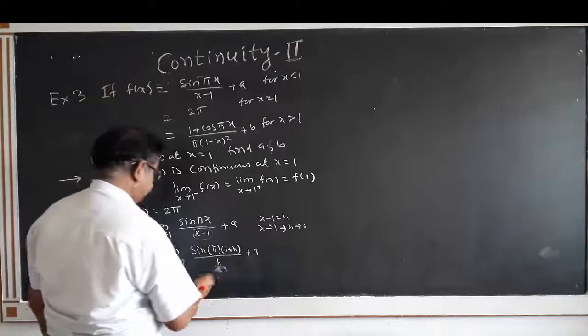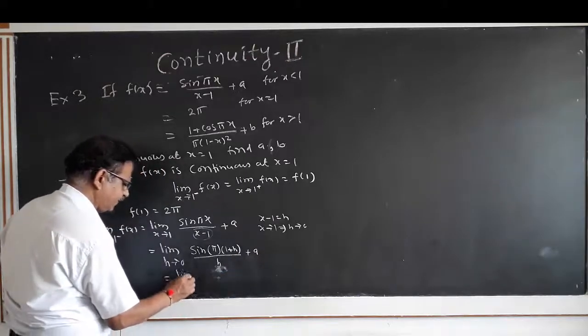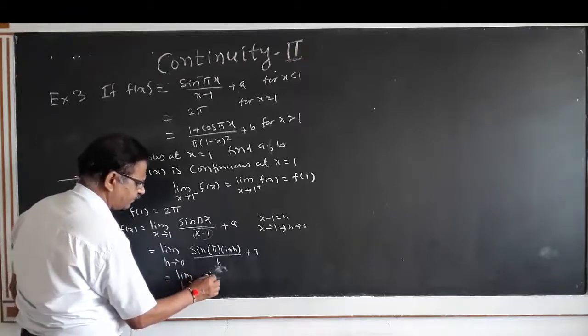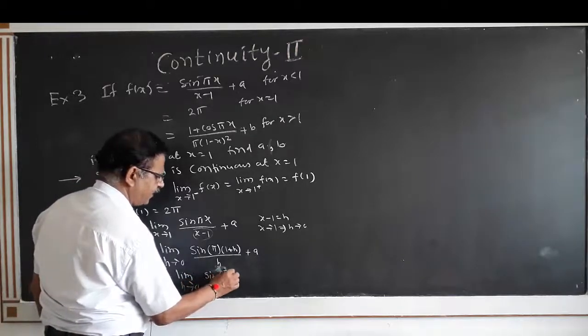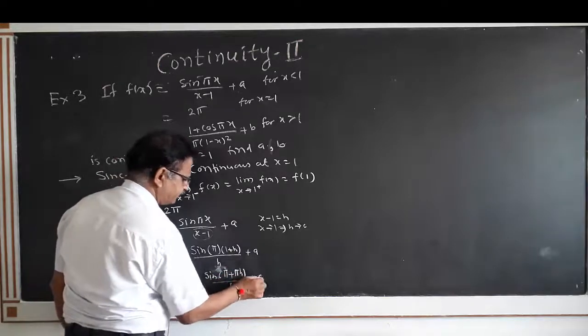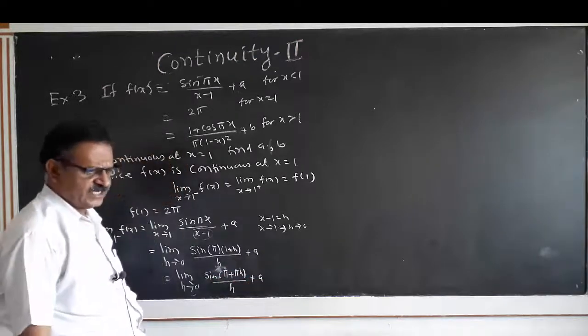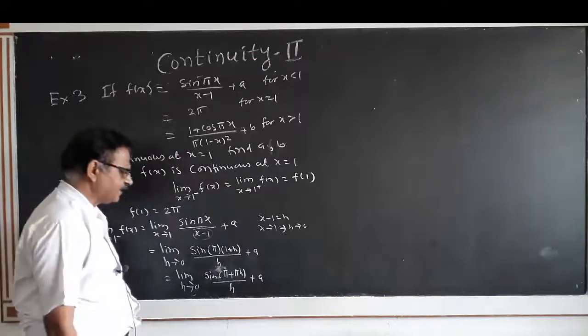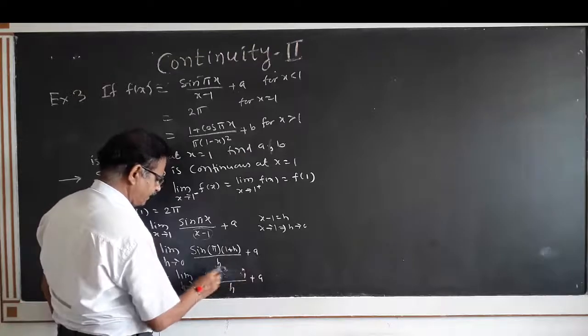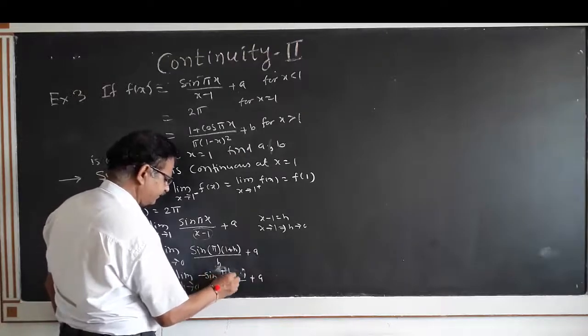That is nothing but limit h tends to 0 sine of pi plus pi h divided by h. But sine of pi plus theta equal to minus sine theta. Therefore, sine of pi plus pi h equal to minus sine pi h.